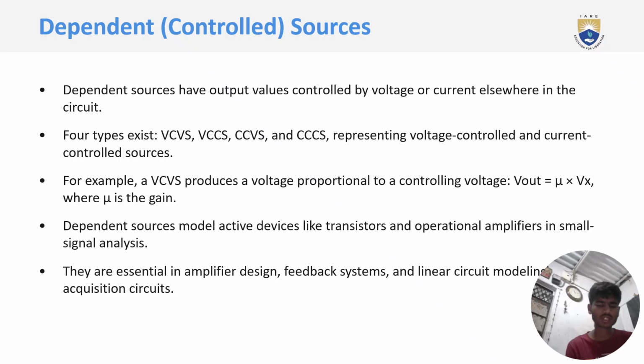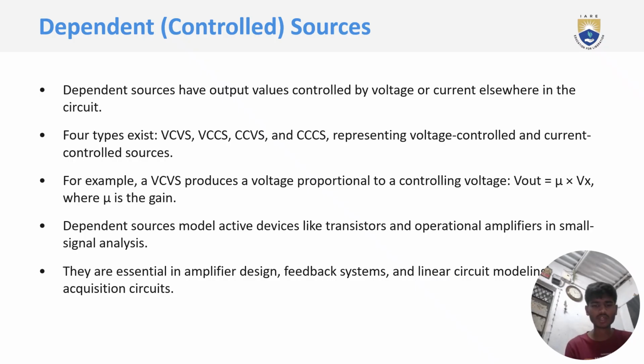Dependent controlled sources. Dependent sources have output values controlled by a voltage or current elsewhere in the circuit. Four types exist: VCVS, VCCS, CCVS and CCCS, representing voltage controlled and current controlled sources.